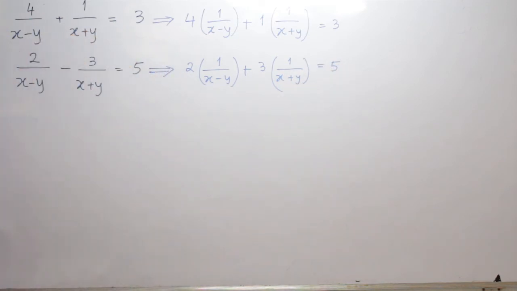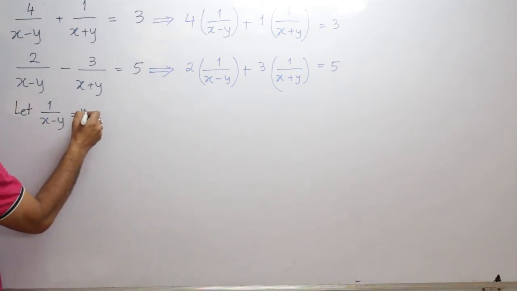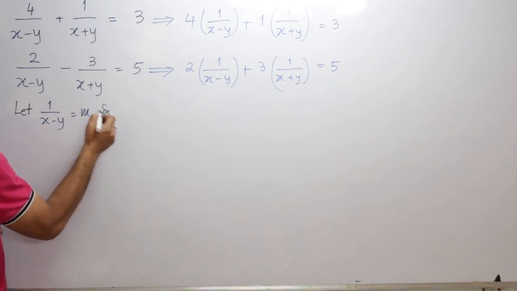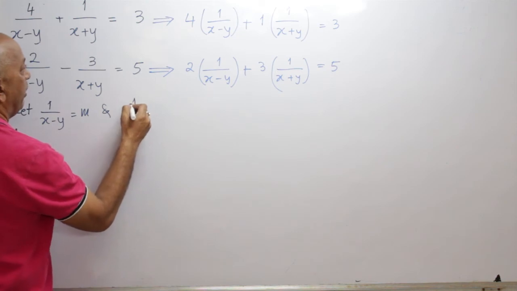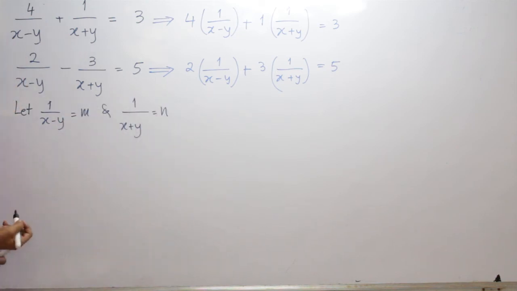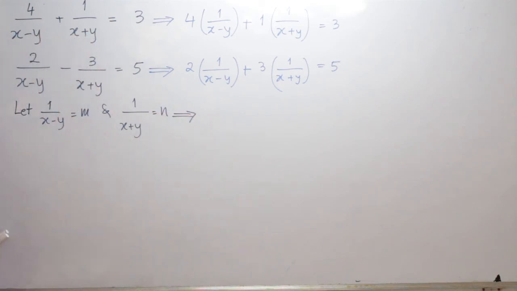I have rearranged it a little. Now both these values are common, so I can let 1 upon x minus y be equal to m, right? And 1 upon x plus y be equal to n. Let us put these values here and see what equations we get.